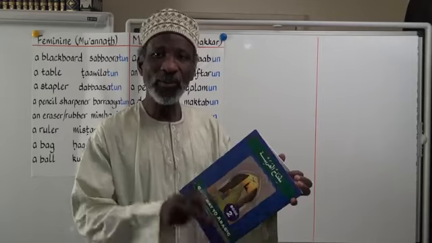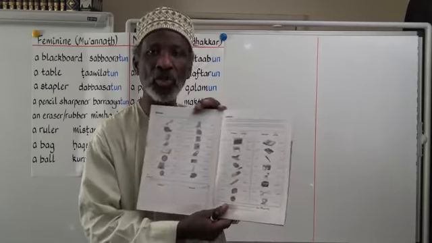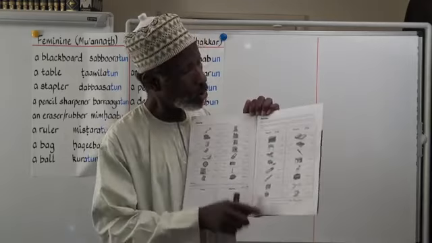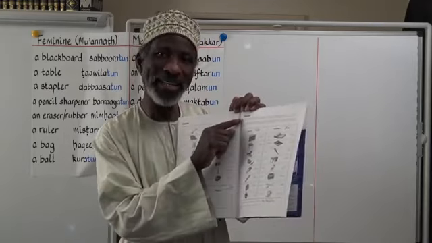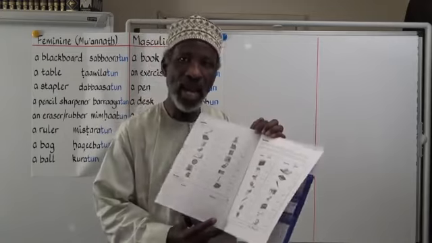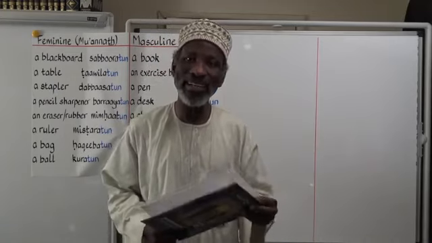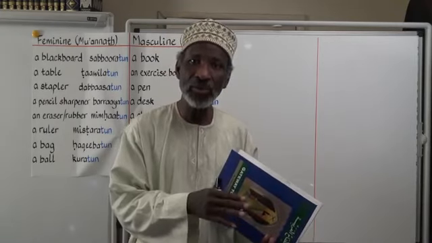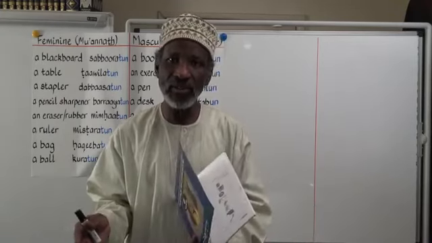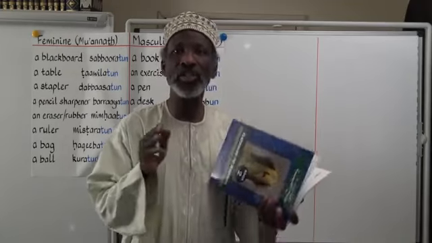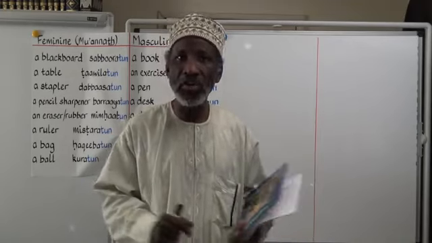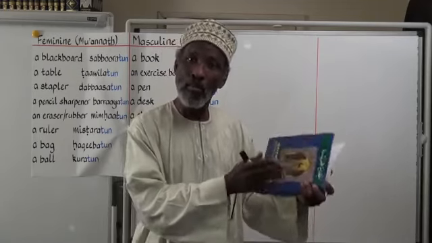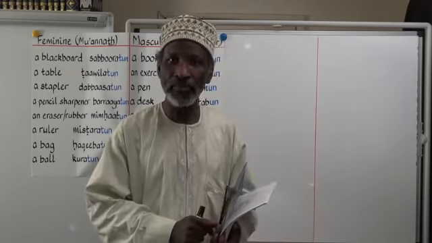Lesson 2 starts on page 2 of the Gateway to Arabic Book 2. On page 2, you see the heading Gender. And the reason we're going to start with gender is this. In Arabic, nouns and adjectives are assigned to gender, masculine, mudhakkar, or feminine, mu'annath.